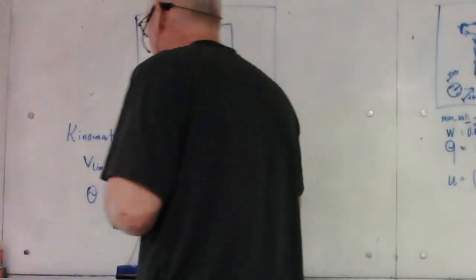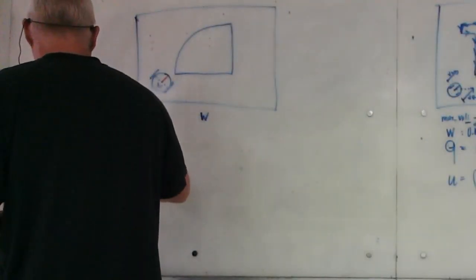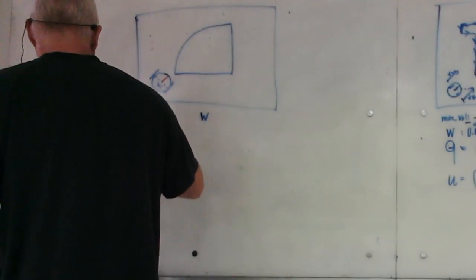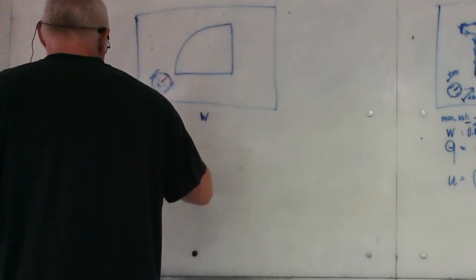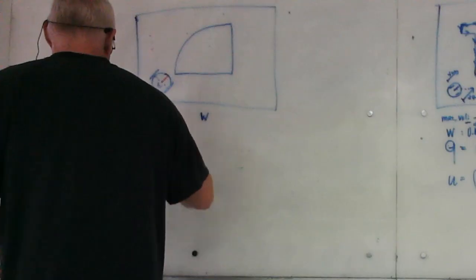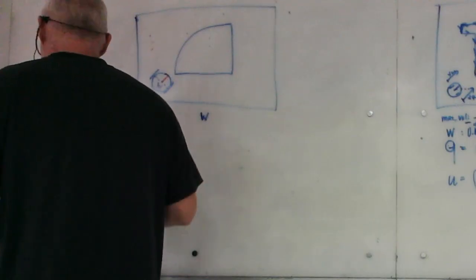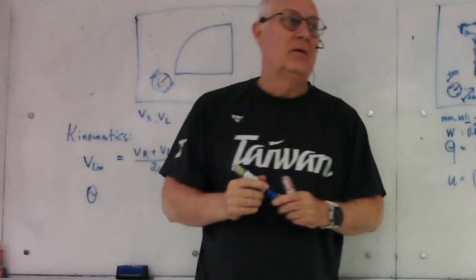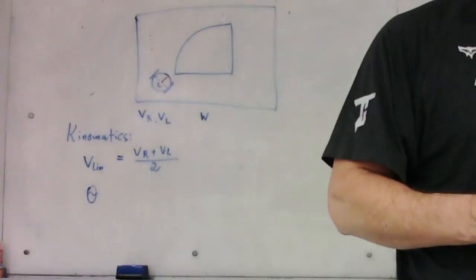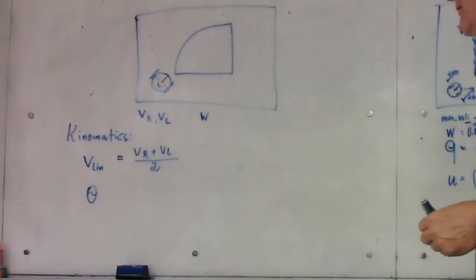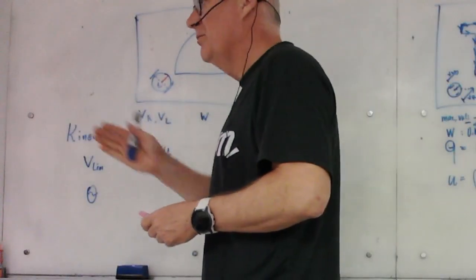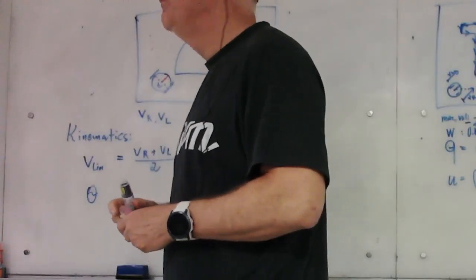The linear velocity for the kinematics is (VR plus VL) divided by 2, which will give you the speed at which you're going forward.